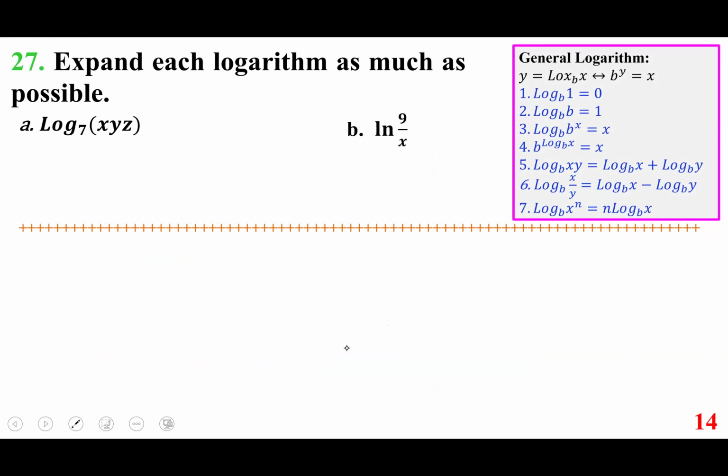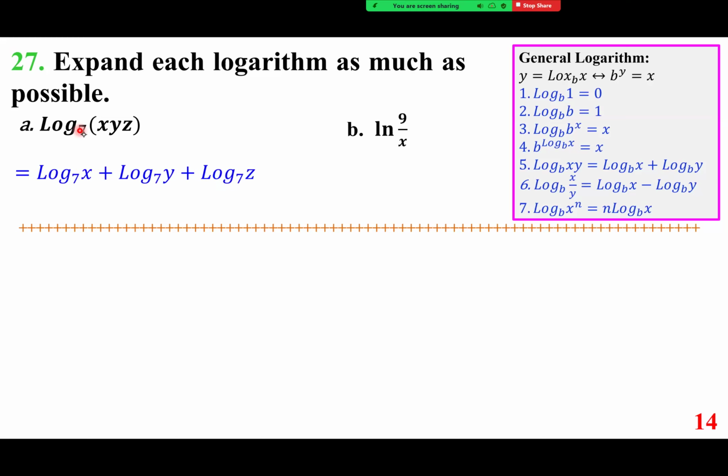Expand each log as much as possible. Well, for part A, we go with the product rule from left to right. So this is log of x plus log of y plus log of z, and all of them have the same base 7.